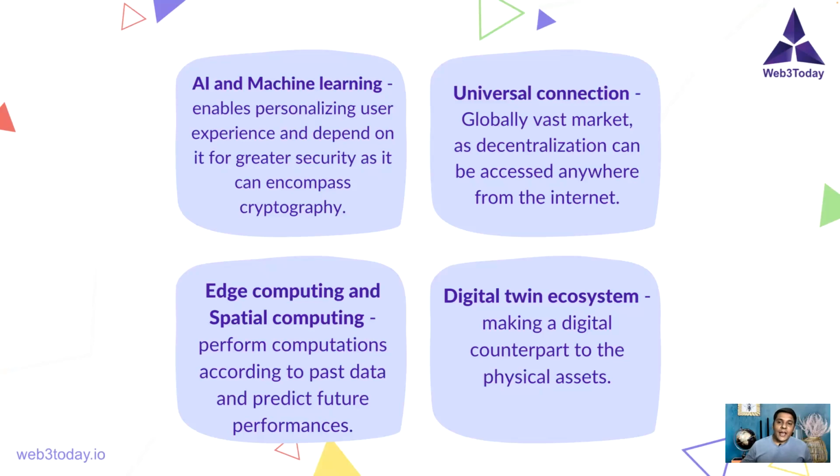There's also the AI and machine learning component, because we want every user to have a very personalized experience, but at the same time greater security. If you look at today's AI architecture, right, it's been built upon the user's data, and a lot of times without even consent. But when we combine blockchain and AI, it would be personalized to every user's data and every user's consent.